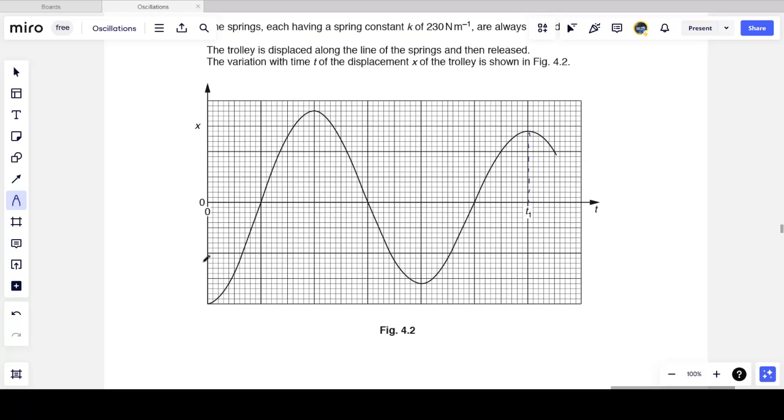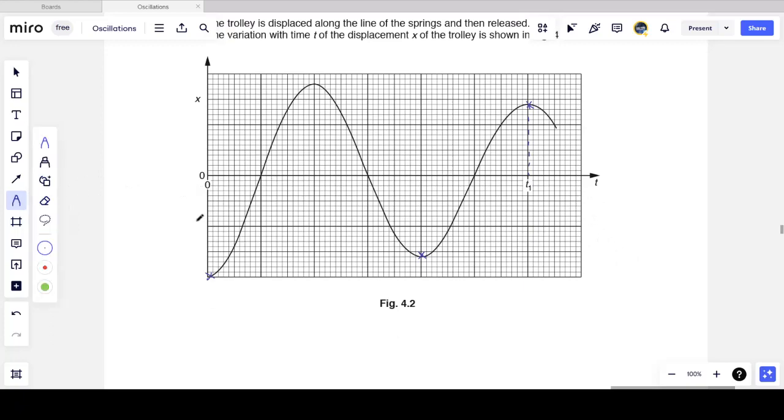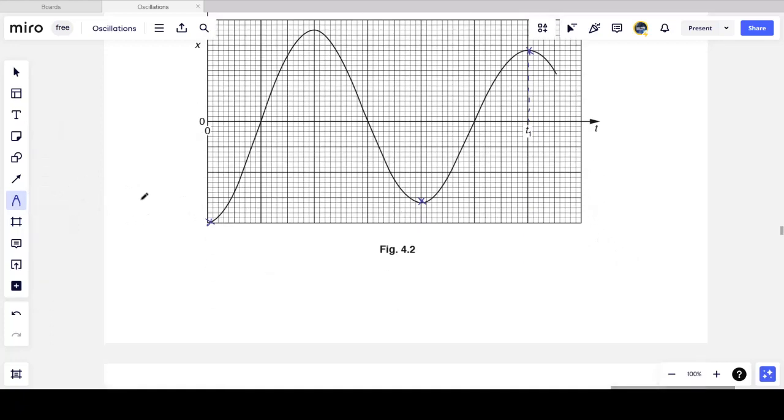So what I have from here to here is one period. What I have from there to there is not one period, but it's half a period, because my second period would be somewhere there. And so what I have is 1.5 periods. So the value of t1 is related to the period.